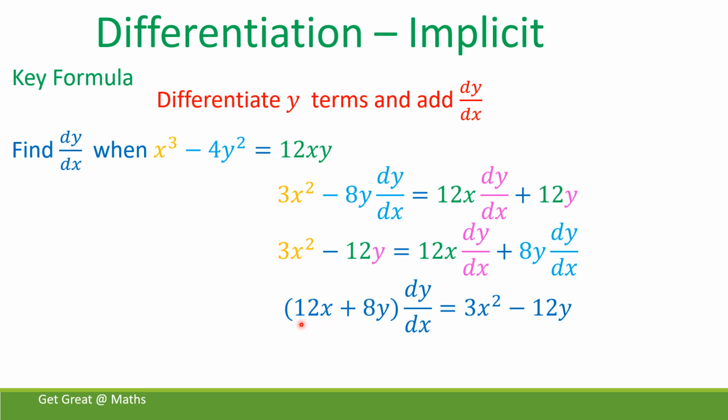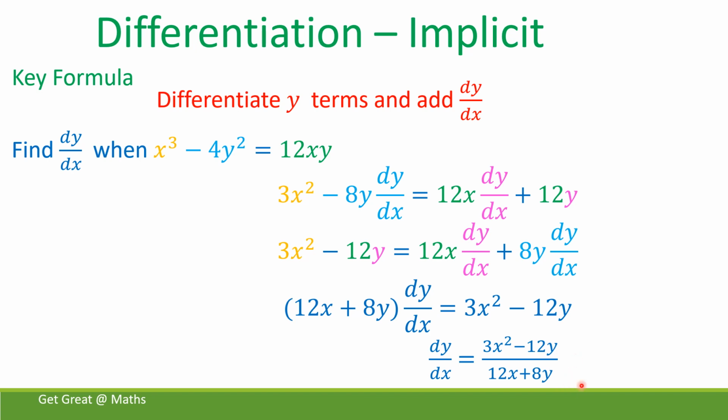So leaving me a factor of 12x plus 8y all times by dy by dx is equal to what was literally on the left hand side now comes on the right hand side to be 3x squared minus 12y. If I divide by this 12x plus 8y, I get dy by dx is equal to 3x squared minus 12y over 12x plus 8y. So generally you need to rearrange to find dy by dx.